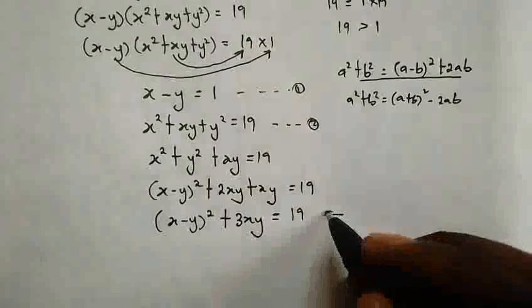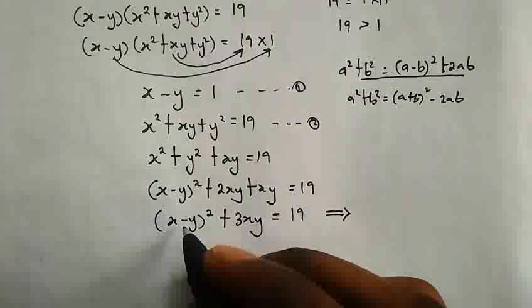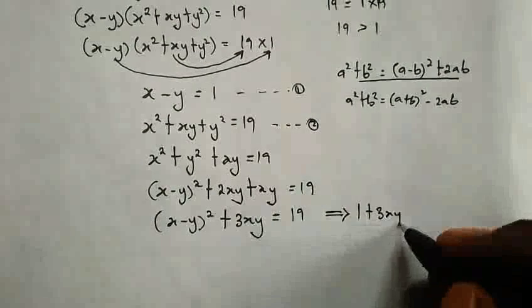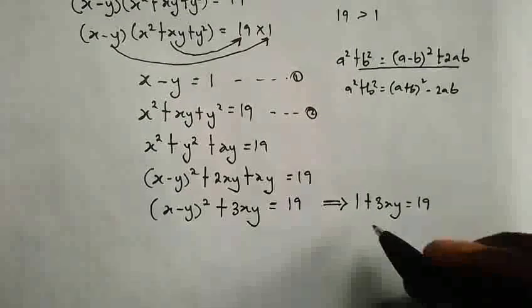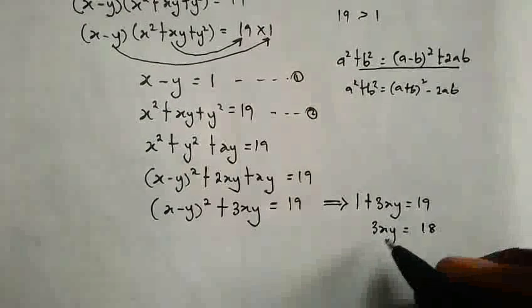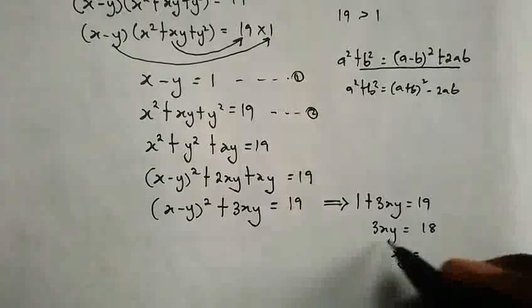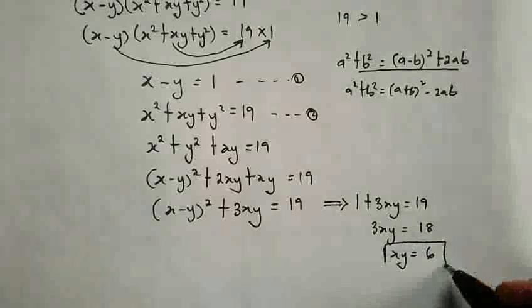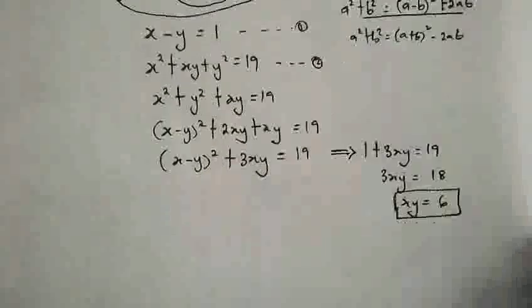So from here we know x minus y is equal to 1, so we replace 1 squared, that is 1, plus 3xy is equal to 19. Subtract 1 from both sides, so we get 3xy is equal to 18. Divide both sides by 3, we get xy is equal to 18 divided by 3, and that is 6. So we get x times y is equal to 6.